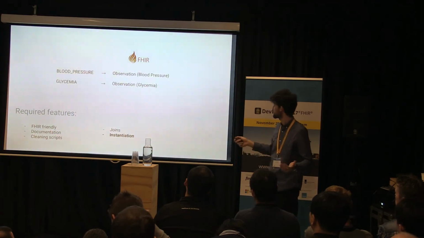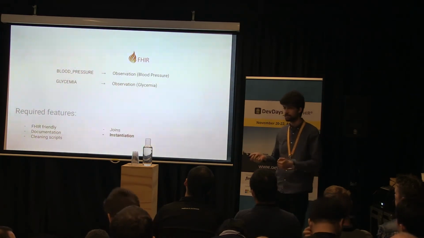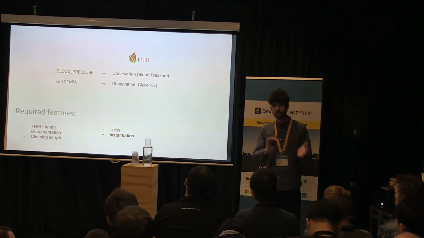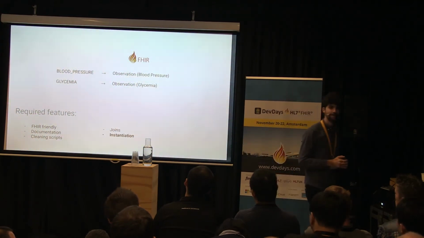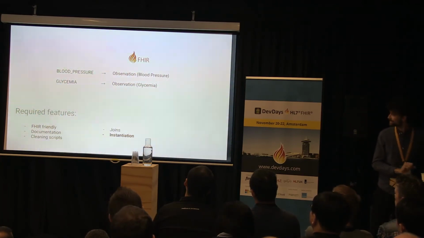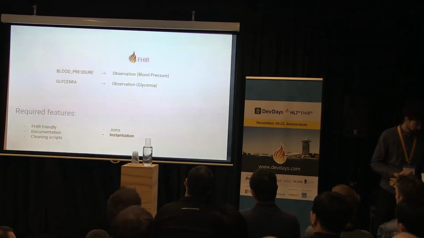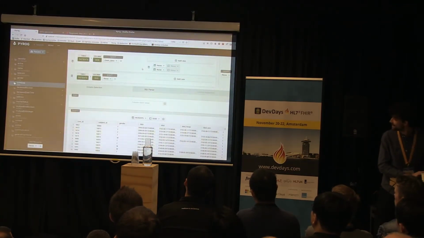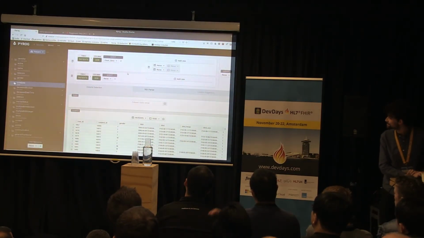Maybe I'll have a table about blood pressures, a table about glycemia, and I'd like all of these to instantiate an observation. So how do you do that? And I'm happy you didn't ask the question yet of how these patients are generated.